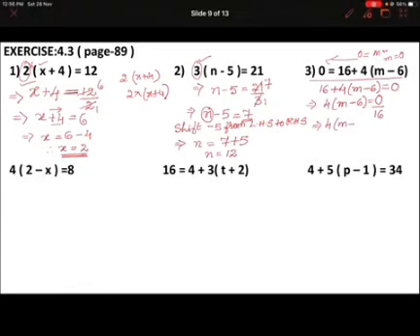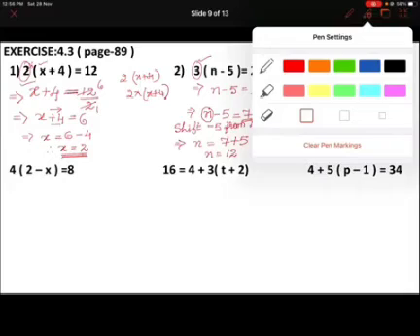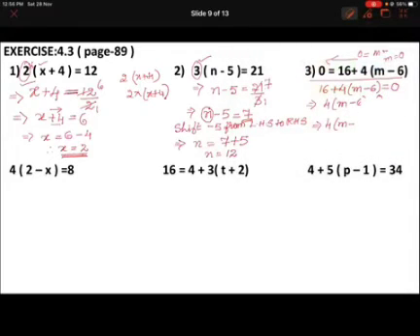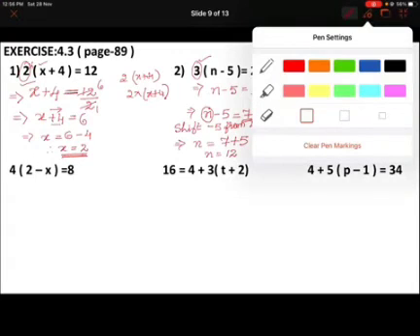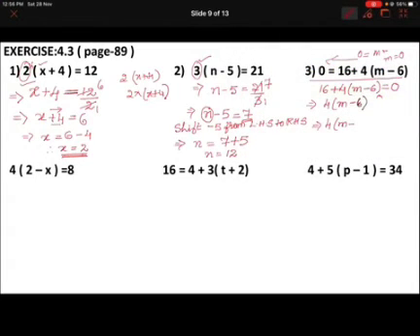Oh sorry children, here it is 4 into (m - 6) = 0 - 16. Okay, now 4 into (m - 6) is here, and 0 - 16 is -16.